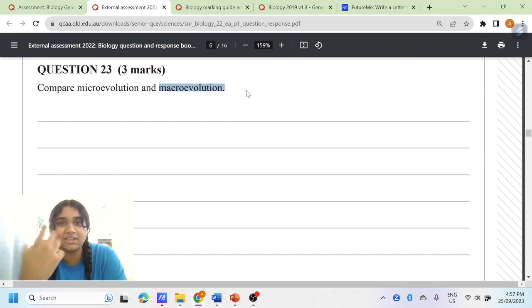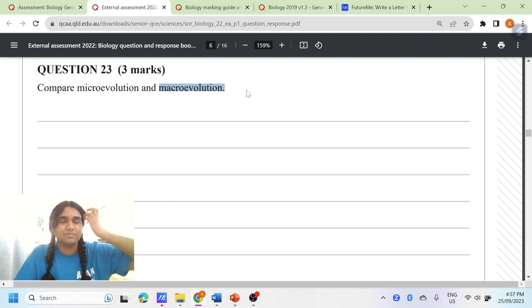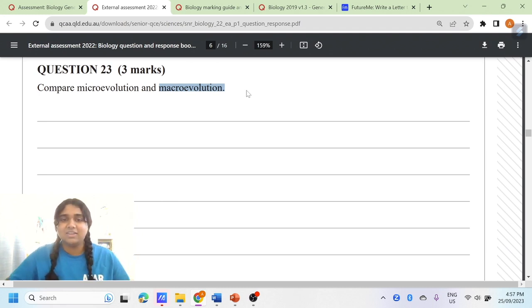So over time, things like natural selection will cause certain characteristics to be really prominent in one area compared to another. For example, skin color distribution across the globe. People who are closer to the equator tend to have darker skin tones because of the increased exposure to sunlight compared to people who are away from the equator. That's an example of microevolution.